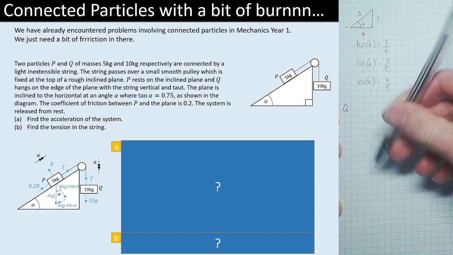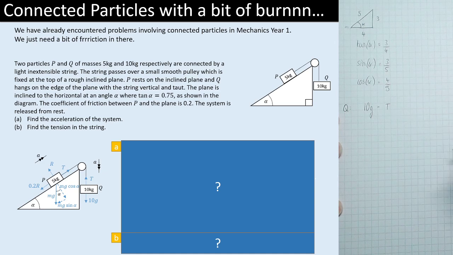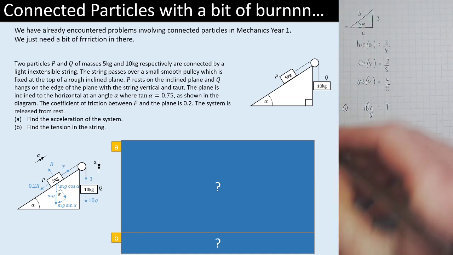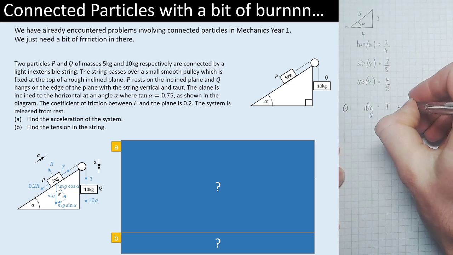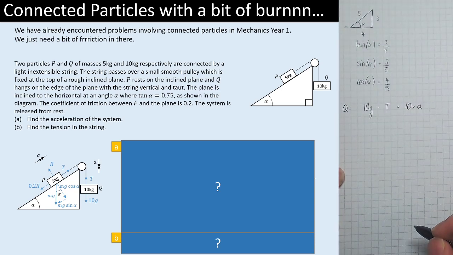Okay, so 10g, take away the tension, that's the overall forces being resolved, is going to equal the mass, which is 10, times the acceleration. Now the acceleration of the whole system is going to be the same. Okay, that's one of the assumptions that we're going to make.